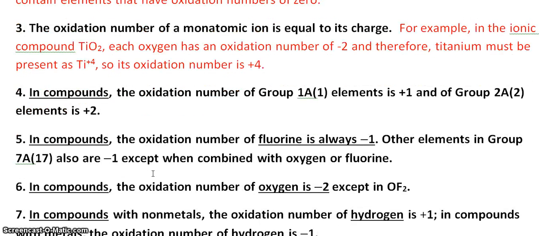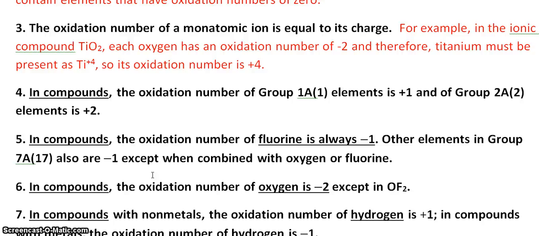Okay, next rule. In compounds, the oxidation number of fluorine is always -1. Now, other elements in group 7A, such as chlorine, bromine, and iodine, they also have an oxidation number of -1, except when they are combined with oxygen or fluorine.